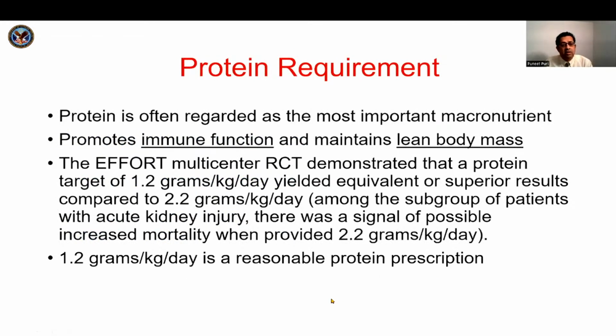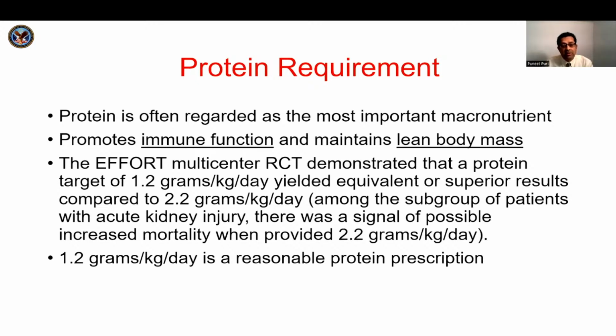So, just a general common statement regarding protein requirement: it is often regarded as the most important macronutrient in critical illness. It promotes both immune function and maintains lean body mass, beyond other beneficial effects. A most recent multi-center randomized controlled trial demonstrated that a protein target of 1.2 grams per kilogram per day yielded equivalent or superior results compared to 2.2 grams, which is considered high protein supplementation.